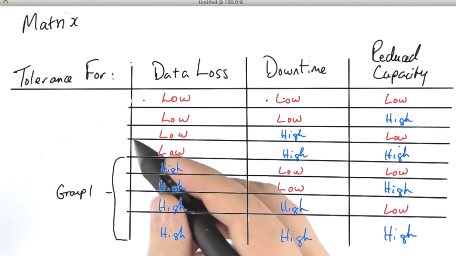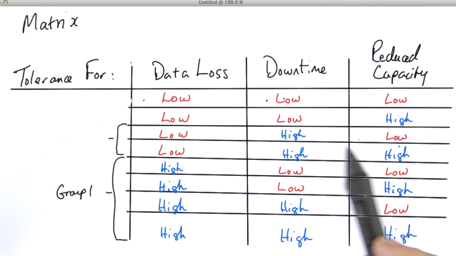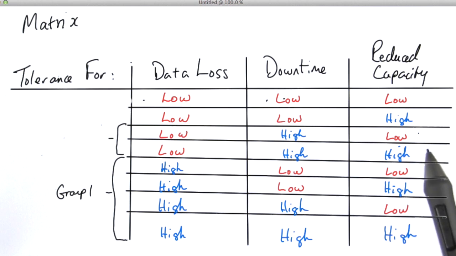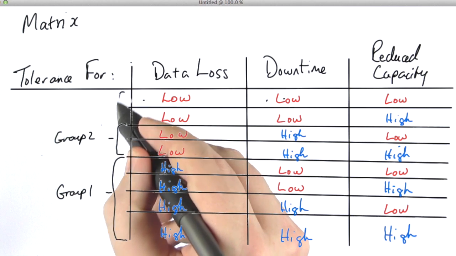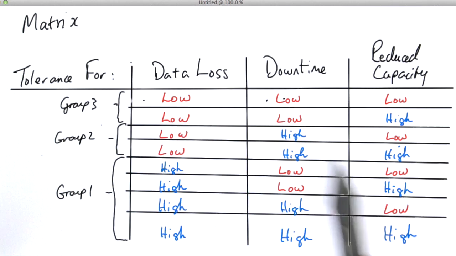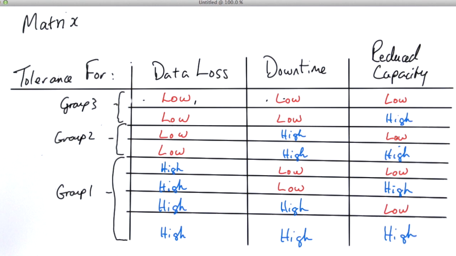Then we are going to group together these two, where you've got a low tolerance for data loss, a high tolerance for downtime, and your reduced capacity switches between the two depending on your actual needs. So this is group 2. And then finally we're going to group these together, group 3, where you have a low tolerance for data loss, low tolerance for downtime, but your reduced capacity piece is somewhat variable, so we'll talk about those two.